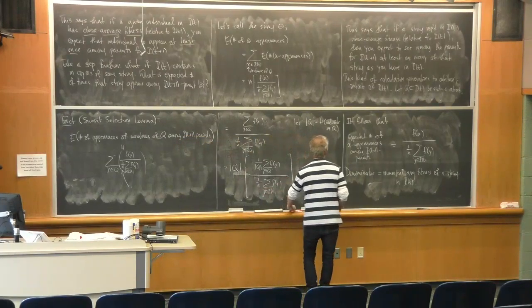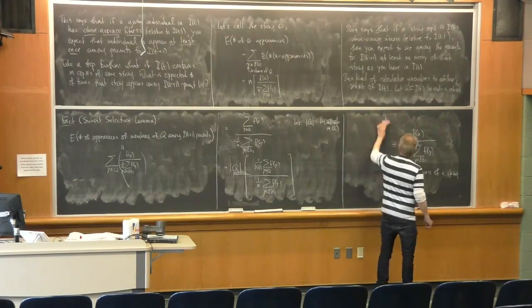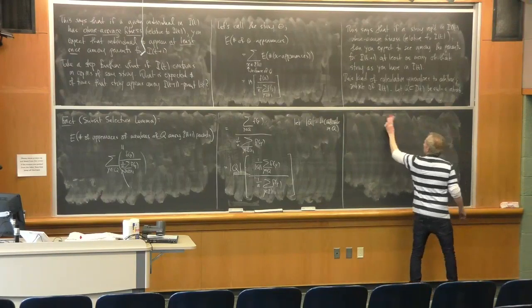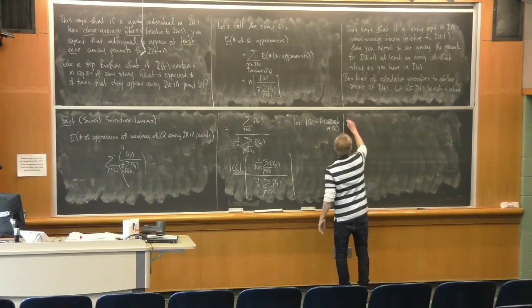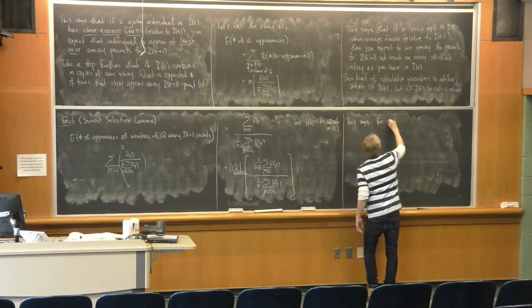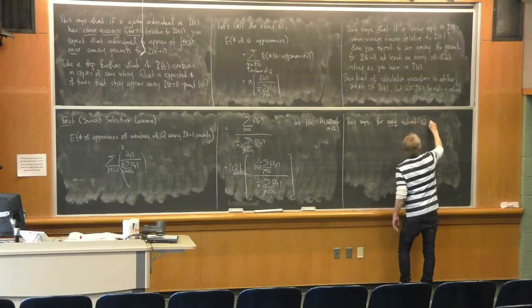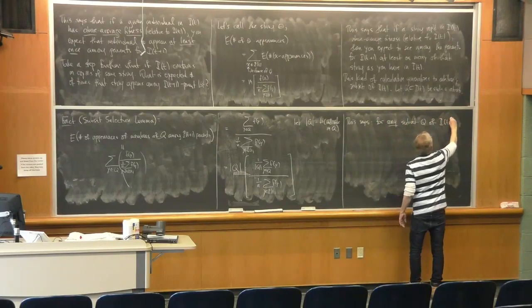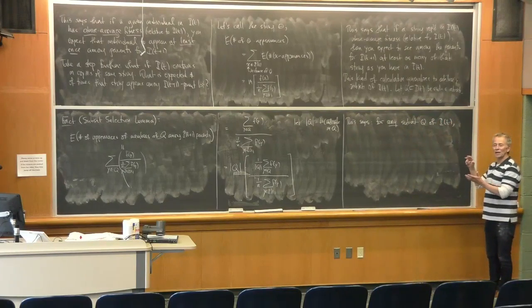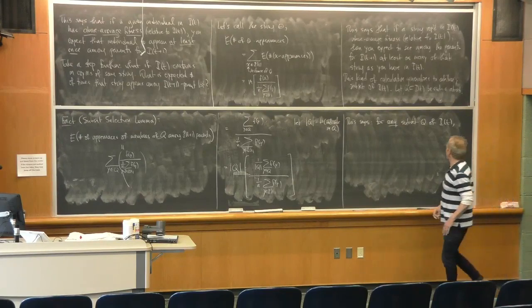This says that for any subset Q of P of T, if the average fitness of guys in Q is higher than the average fitness of the guys in the whole population.